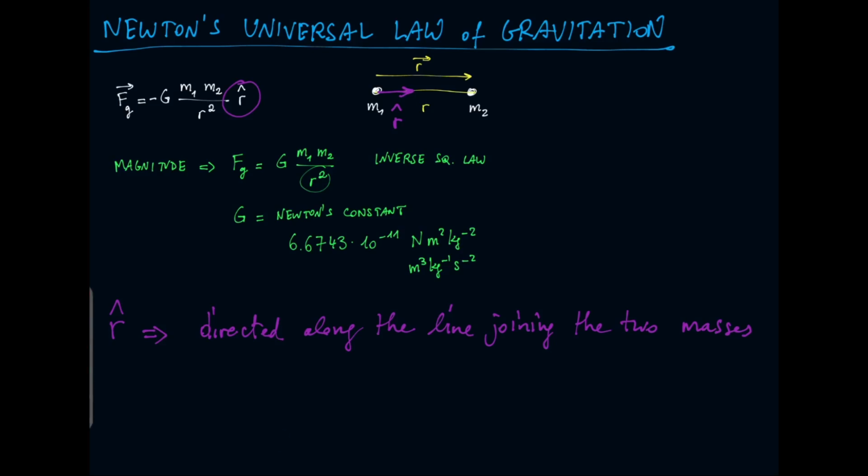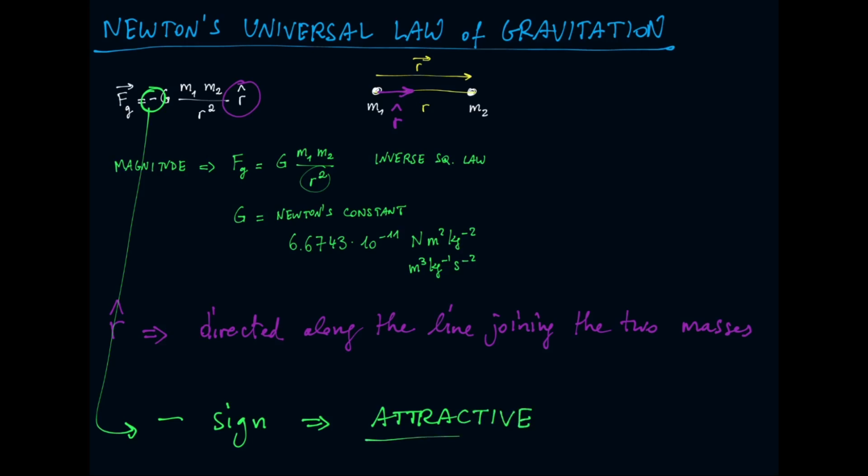And last but not least, importantly, this minus sign. The minus sign implies that the force is attractive. This is the general feature of gravity that, for example, does not apply to the electrostatic interactions. You can have attractive or repulsive electrostatic interactions.